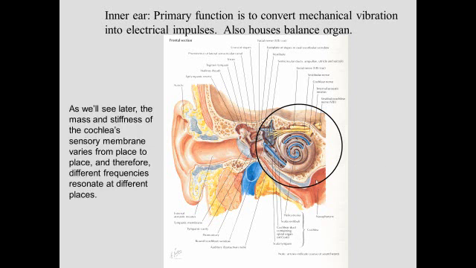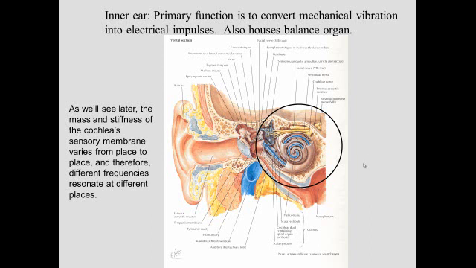It also turns out that the physical characteristics of the inner ear are somewhat unique in the sense that the mass and the stiffness throughout the length of this organ vary. They are different from place to place. Really, it's the stiffness that differs from place to place, but that means that different frequencies of energy will actually resonate at different physical locations in the cochlea.